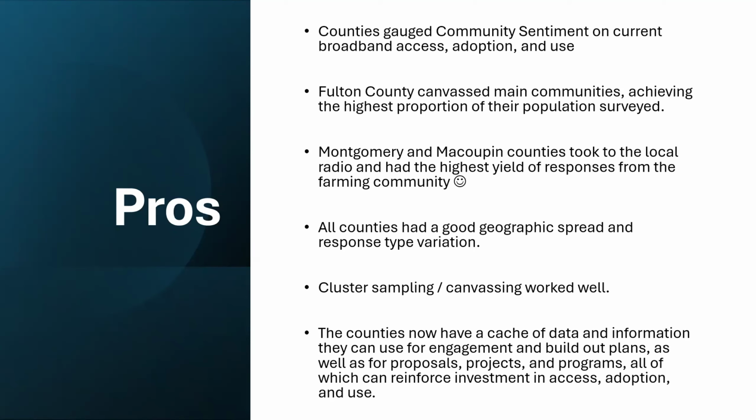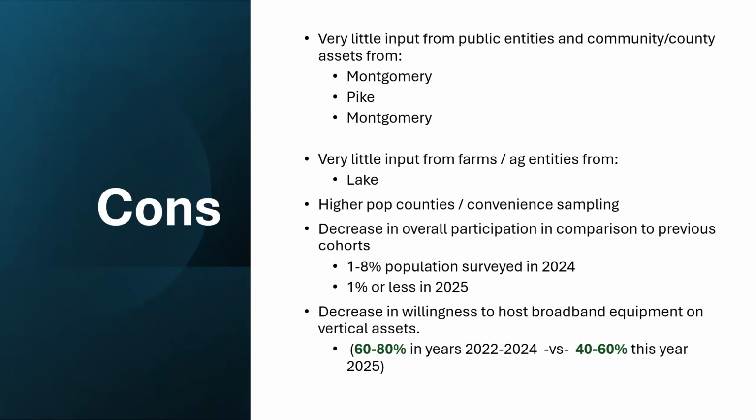And now you have a cache of information that you can use for engagement and build out plans, as well as proposals, projects, and programs, all of which can reinforce investment in access, adoption, and use. So a lot of future considerations with this data can open up for you.